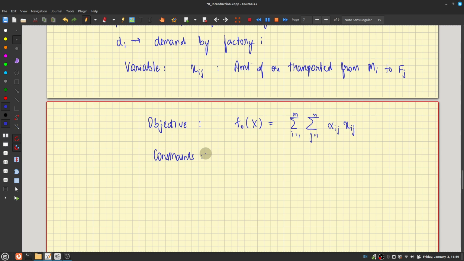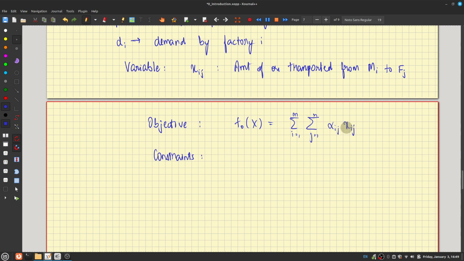Correct. So how do you model that? Basically xij is the amount of ore transported from mi to fj, from the ith mine to the jth factory, right?